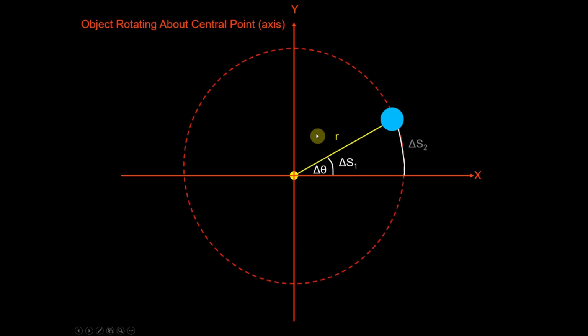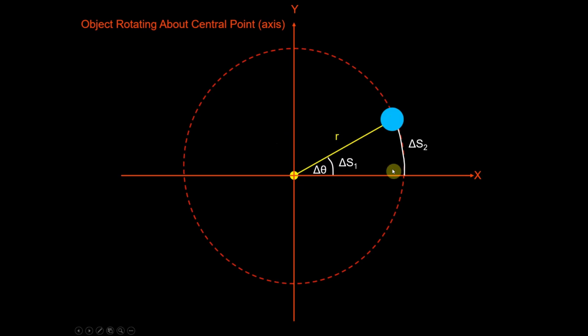Our angle here, our displacement, can be defined in terms of radians or indeed degrees. This is not a physical displacement. This is an angular displacement. And it does not matter where you are in terms of the radius along, say, this string with this ball on the end. It doesn't matter at what point you're at along this string. Theta or delta theta that is rotated through will remain the same.